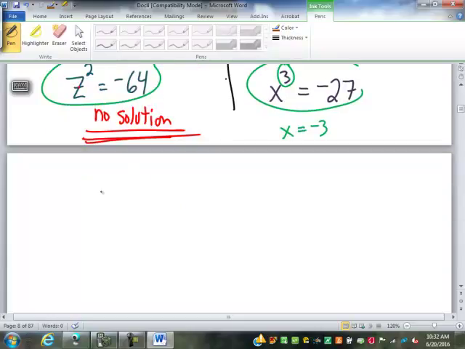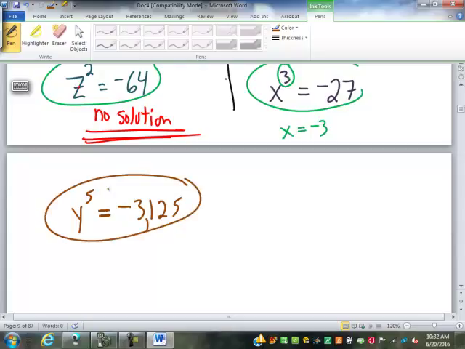So, can it be solved or not solved? Careful. Let me finish the problem yet. But you had the right idea. Can that one be solved? Yes, because it's an odd power. How about that one? Yes, why?